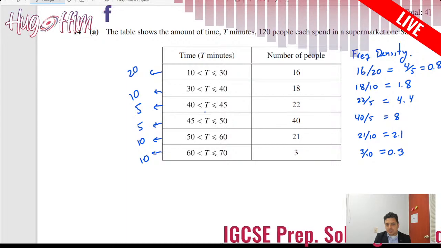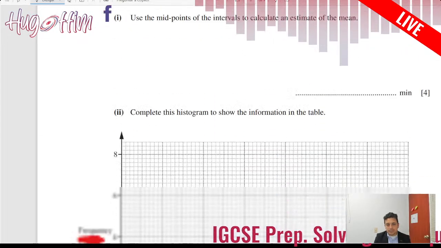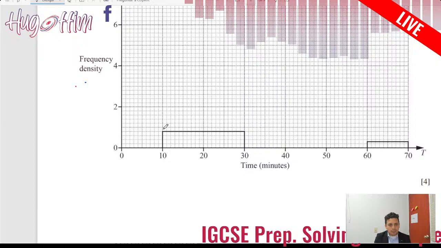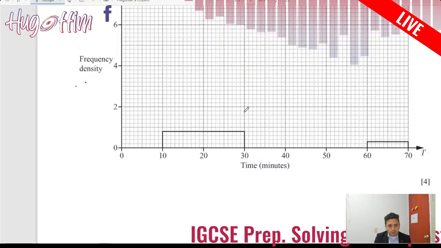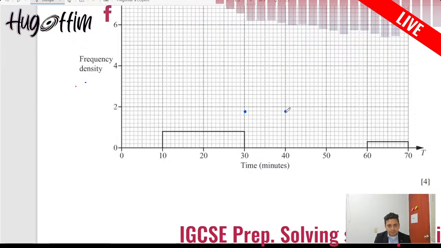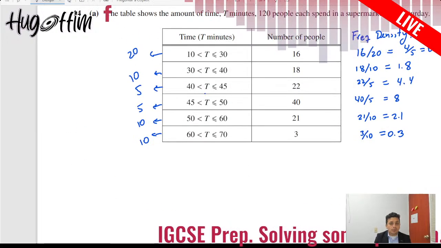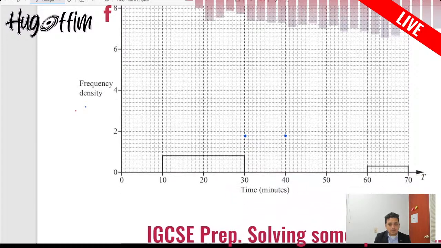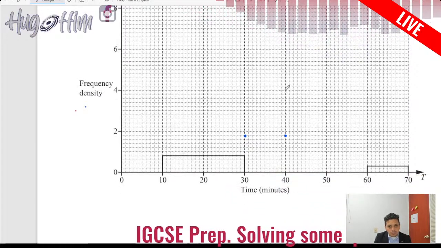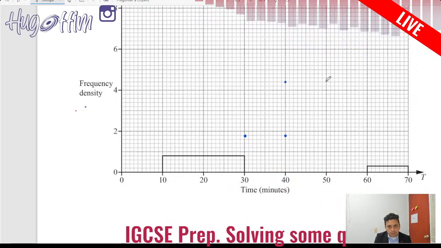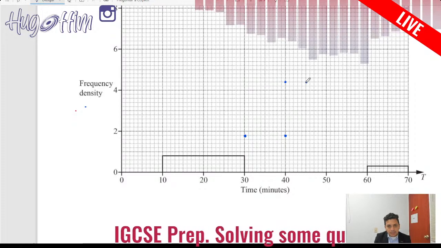So in the first one is 0.8, in the second one 1.8. So 0.8, look, it's here. The second is 1.8, so it should be here. The third is going to be 4.4, then 8. So 4.4. Remember that here it goes on the 5.